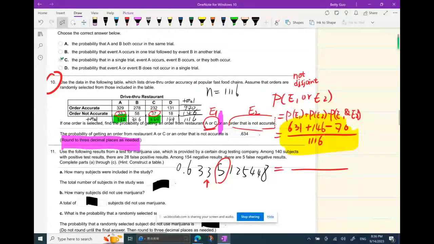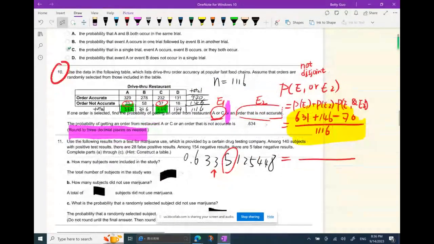All right, any question about number 10? Am I clear about this problem? Basically, you are identifying that the probability we are looking for is the probability of E sub 1 or E sub 2.